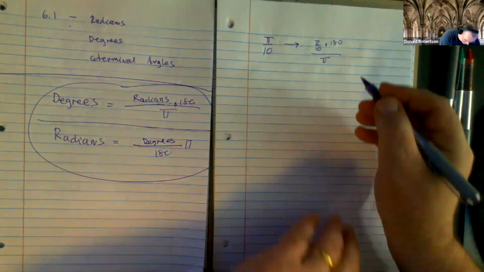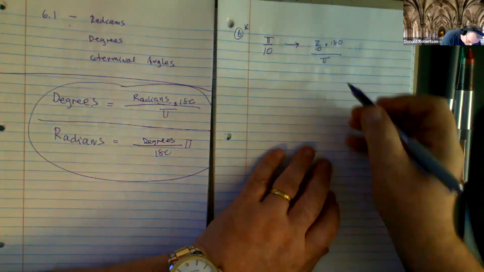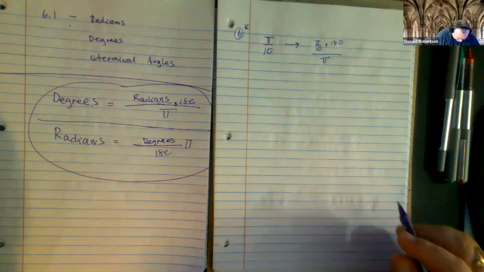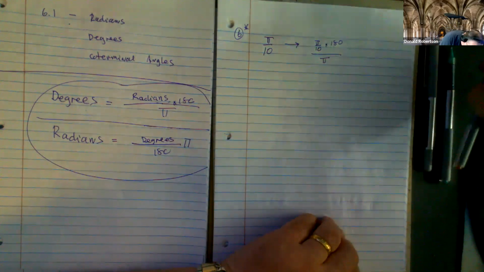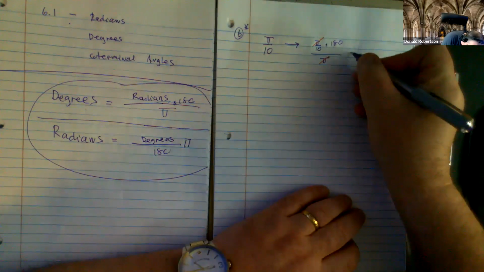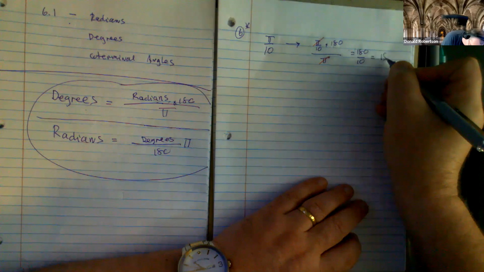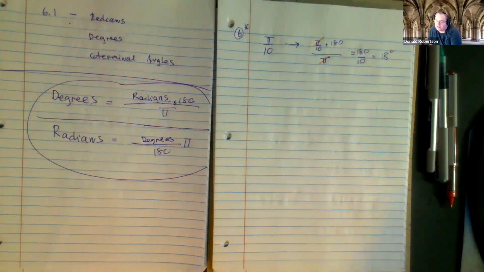And they didn't mention in this question, which by the way is question 6, that they wanted it to any accuracy. So that means it's going to be an exact value. So I'm going to cancel that pi with that pi. So what I'm really left with is 180 over 10, which is 18 degrees. You see, it came out really nice.